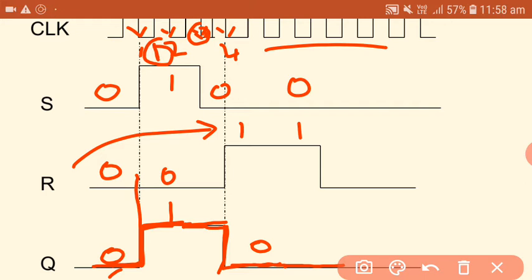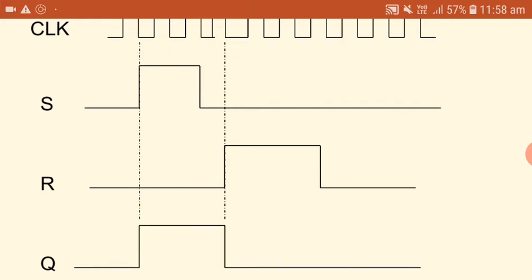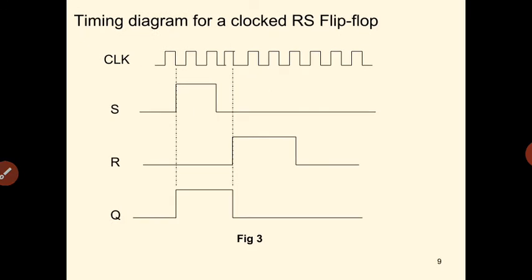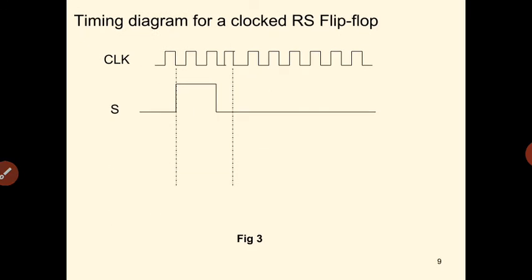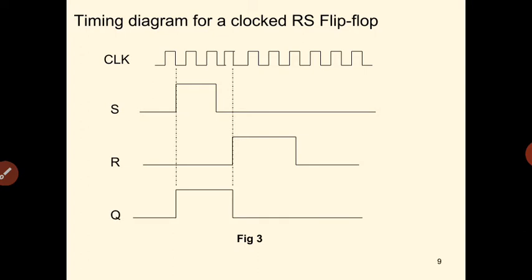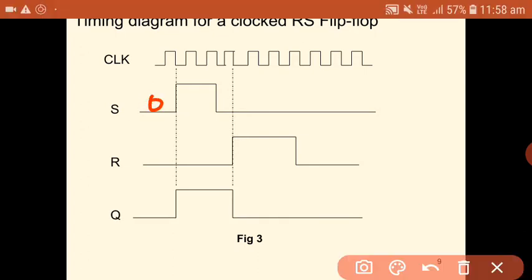So this is the timing diagram of a clocked SR flip-flop. For different input combinations, for 0 0 you'll be getting the output as 0, for 1 0 you'll be getting the output as 1, and for 0 1 you'll be getting the output as 0.